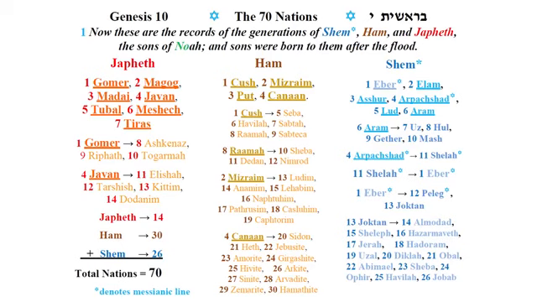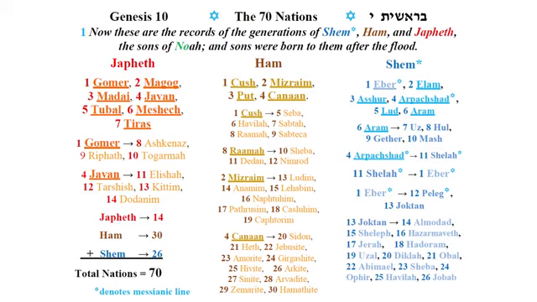And there it goes through and lists each son and their children and some of their grandchildren. Japheth, it lists 14 of his descendants. Ham, it lists 30 of his descendants. Shem, it lists 26 of his descendants. And you can go through these names, and they all have modern equivalents.